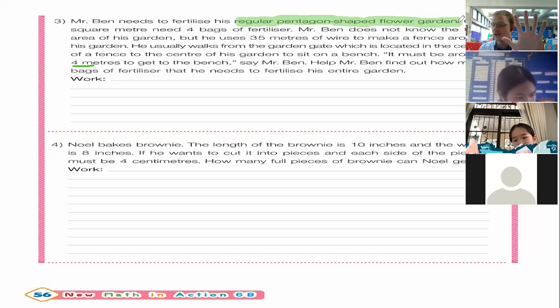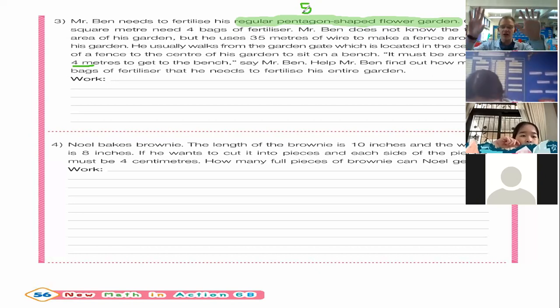Penta has 5 sides. Remember, we have the triangle, the square, the pentagon, the hexagon, heptagon, octagon, nonagon, and decagon, from 3 to 10. So penta equals 5. The way we can remember that is there is the Pentagon in America, which has a 5-sided building. So we know we have 5 sides.